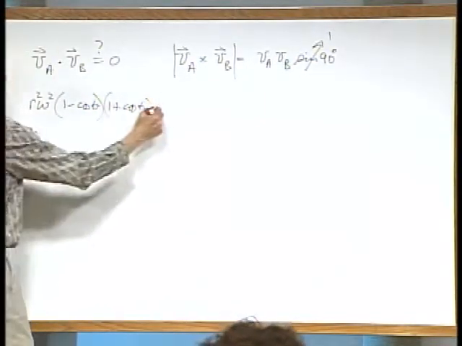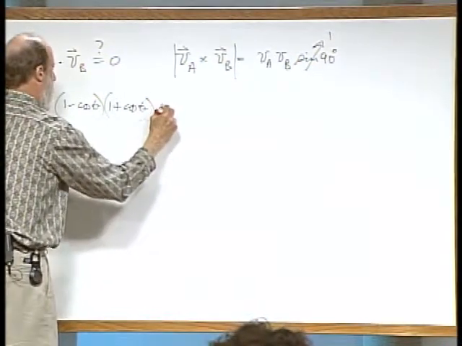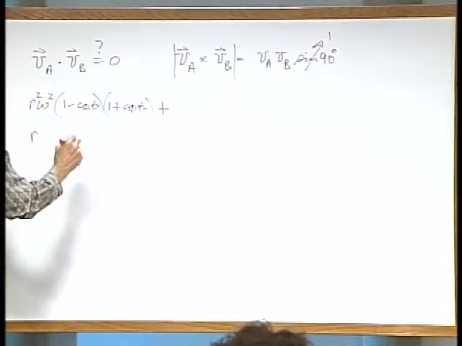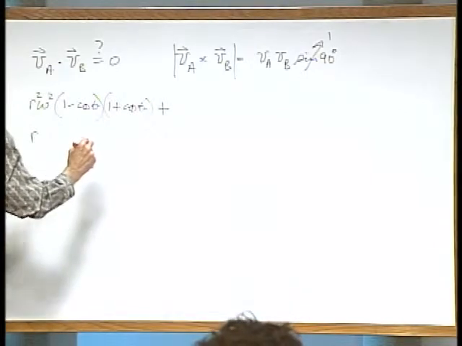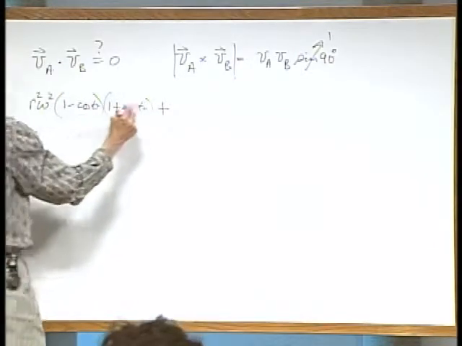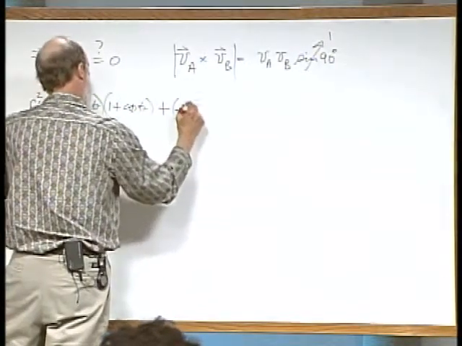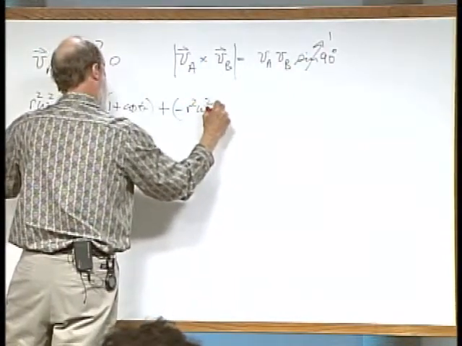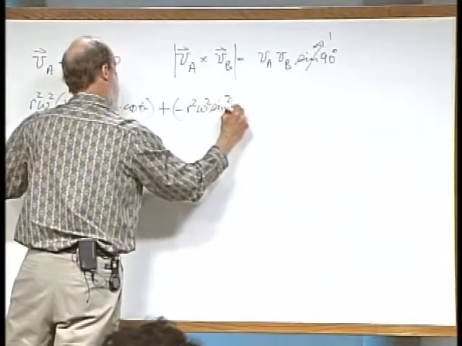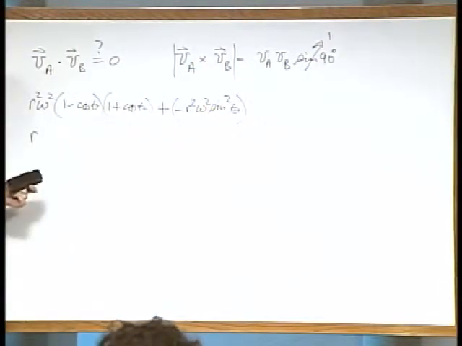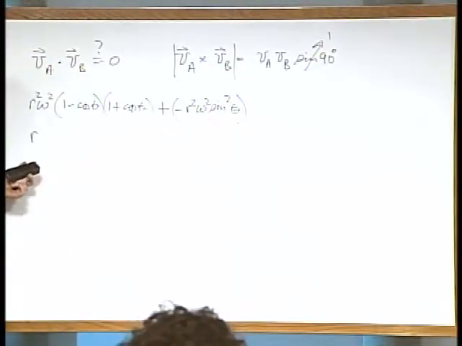Which we know, and then let's go ahead and get the rest of it on there, and we're adding to it the product of the j terms, which happens to be minus R squared omega squared sine squared theta. So there's our dot product calculation.